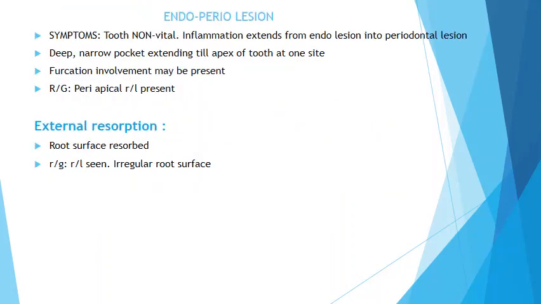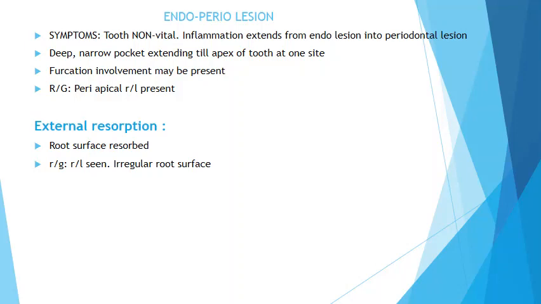Now moving on to the endoperiolesion. In this case, inflammation extends from the endolesion into a periodontal lesion. The tooth becomes non-vital as the pulp has become necrotic. What you will see here is a deep narrow pocket extending till the apex of the tooth on one side.